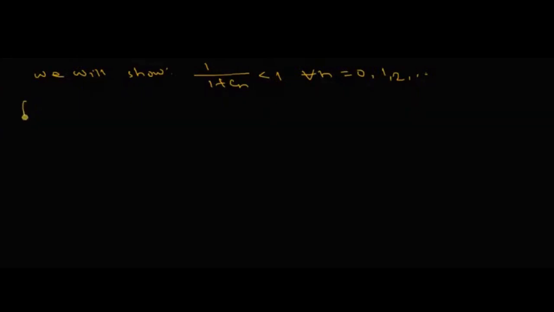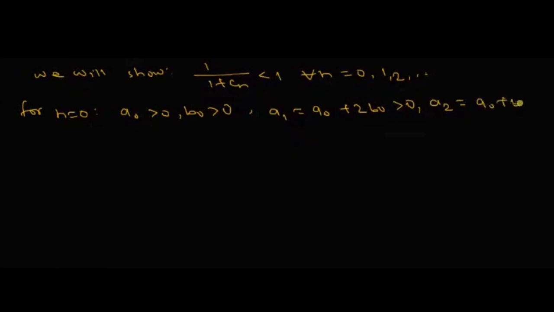First, for n equal to 0, we know a_0 is positive and b_0 is positive as given, right? So a_1 is equal to a_0 plus 2b_0, which is greater than 0, and b_1 is equal to a_0 plus b_0, which is also greater than 0.